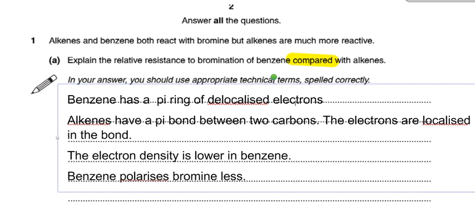In the pi ring, you've got 6 electrons delocalized over 6 carbons, whereas in the alkene you have a sigma bond and your pi bond, where you've got 2 pairs of electrons, so 4 electrons between 2 carbons. Whereas in benzene, because you have that ring, you have fewer electrons between each carbon. And so benzene polarizes bromine less.